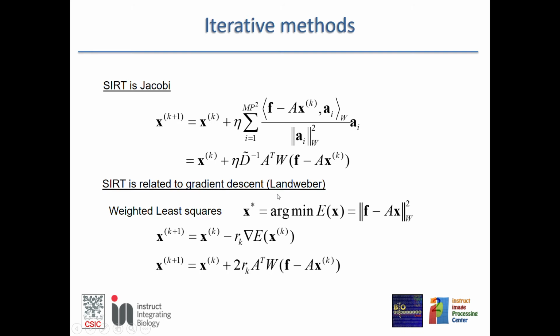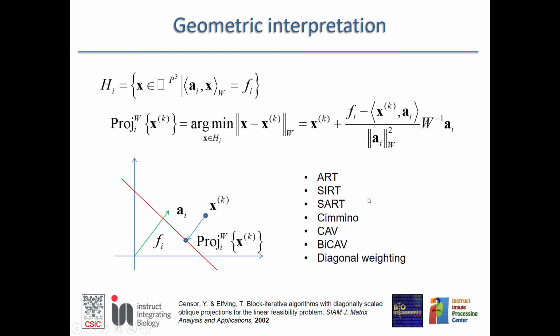The goal function that we want to minimize for SIRT is the one that we already saw, the least squares solution of the reprojection error. So we want the projected volume to be similar to the experimental images. There are many variants of these iterative algorithms depending on the specific weights and the specific updates that you are taking.